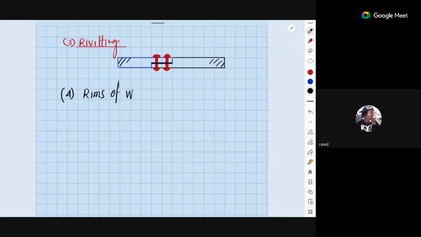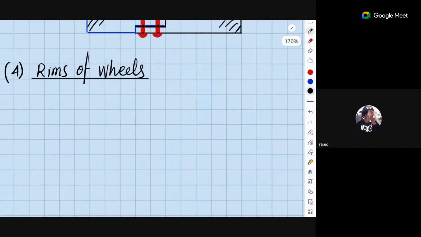Okay. Then the fourth application is basically the rims of wooden wheels. Usually, the rims of the wooden wheel are supported with a metal ring outside, right? This is a hot metal, and inside that metal there is a wooden ring. For example, these are the wheels of the buggy.